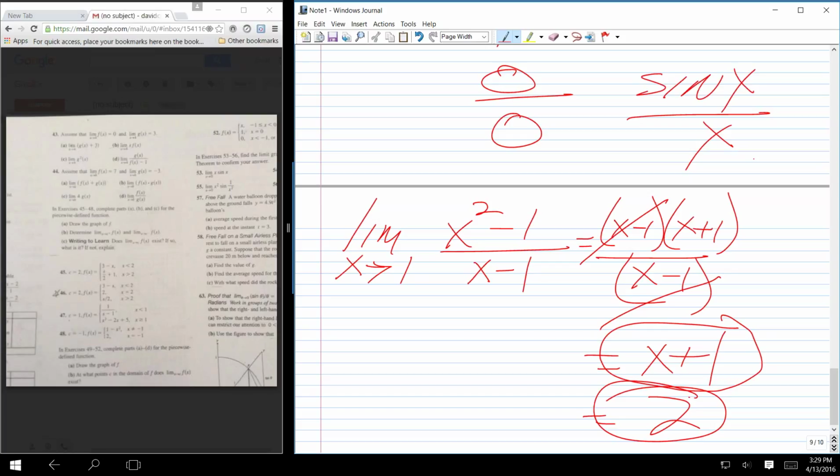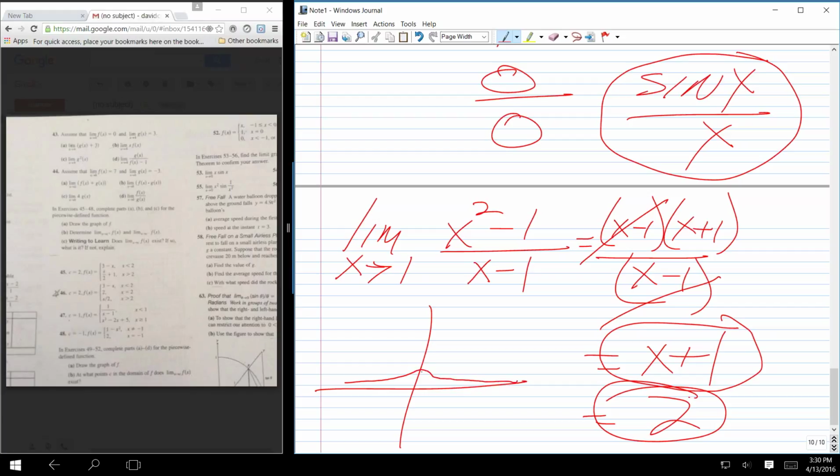But you knew it. And you can actually graph that function, and you can see that it gets close to 1. In other words, that function looks kind of like this. And that number is 1 right there. As we get close to 0, the value of that function approaches 1.